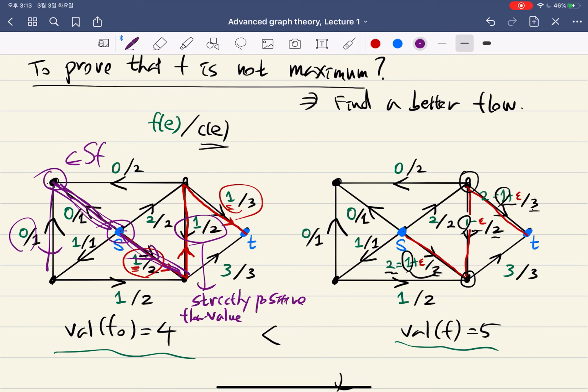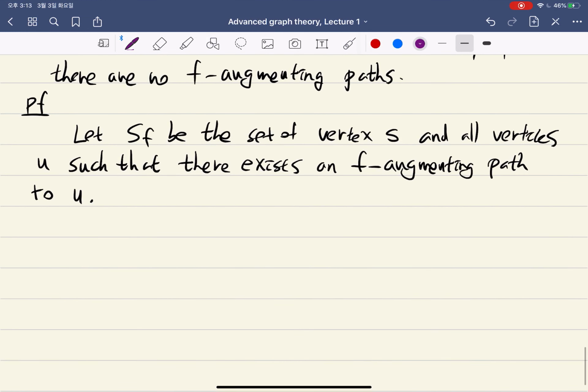This two-edge path is not an F augmenting path, so we cannot add it. And by the same logic, this is not. From here, we can actually add this. So this is an F augmenting path, and this is an F augmenting path. And again, this is an F augmenting path. So S_F actually contains every vertex here. So that's the definition of S_F.